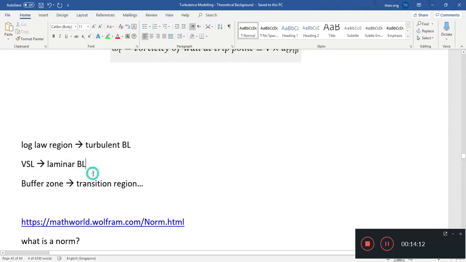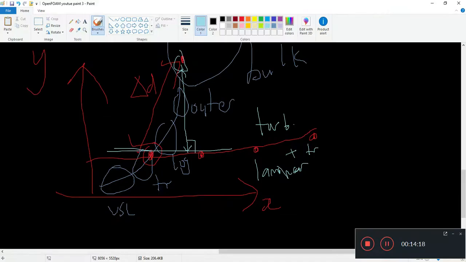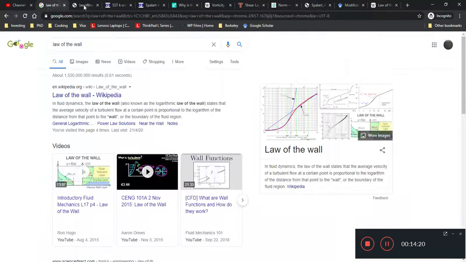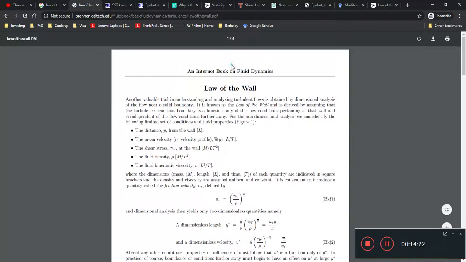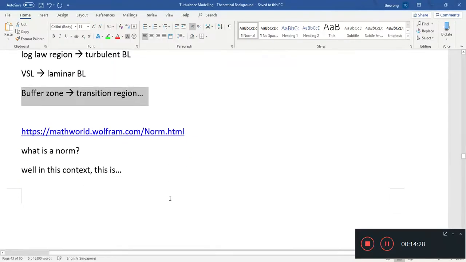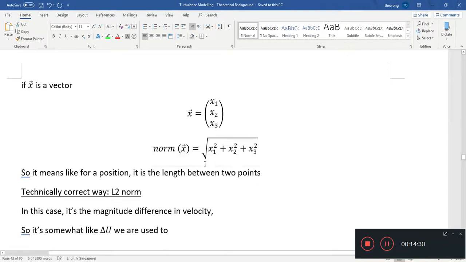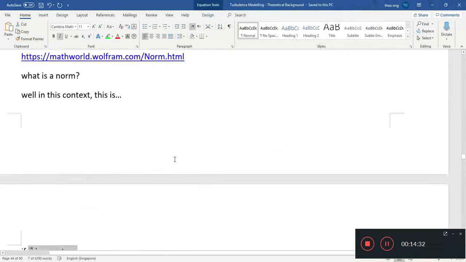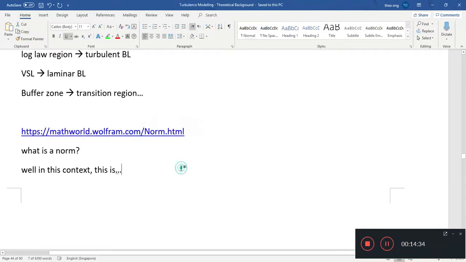The viscous sublayer is the laminar boundary layer. The buffer zone is actually this transition region, which you can take a look at in this internet book on fluid dynamics, the law of the wall. That will tell you more on that. Okay, so this is more about the norm, and where you can find that is Wolfram.